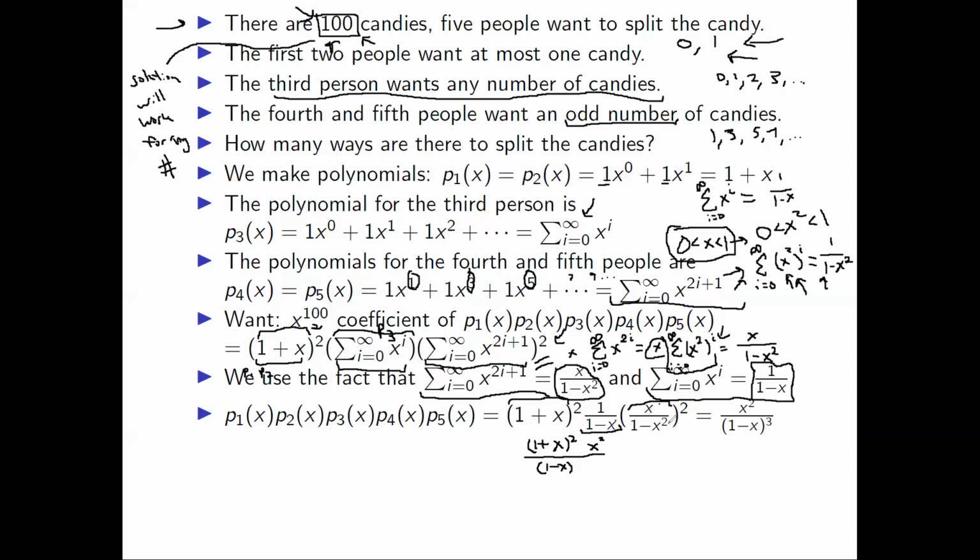And then this 1 minus x squared quantity squared. We'll write this 1 minus x squared, this difference of squares, as 1 minus x times 1 plus x. And we're squaring it, so each of those is getting squared. And then we can cancel some stuff out. The 1 plus x squared cancels with this 1 plus x squared. And that leaves us exactly what I claim right here. The x squared over 1 minus x quantity cubed.